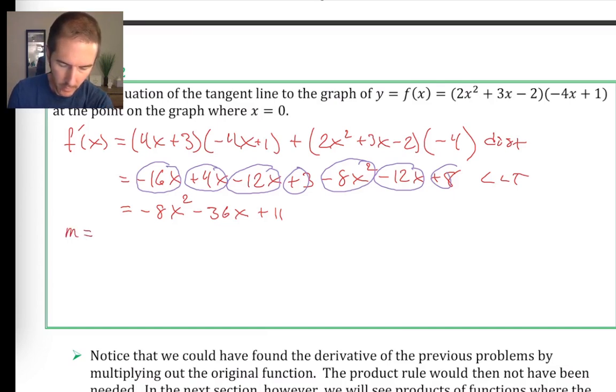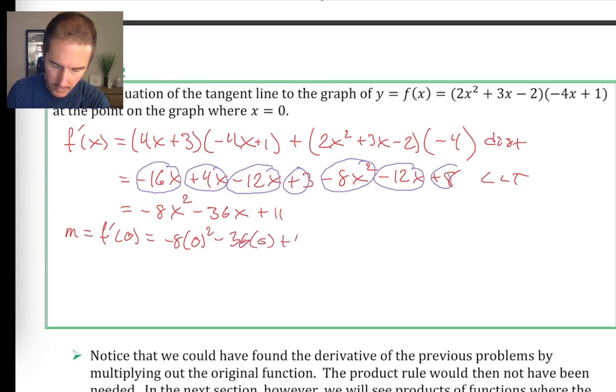M is going to equal f prime of 0, because we were told to plug in an x value of 0. That's when we're finding the tangent line. And that's equal to negative 8 times 0 squared minus 36 times 0 plus 11, which equals 11. So our slope is going to be 11, and now we need a point.